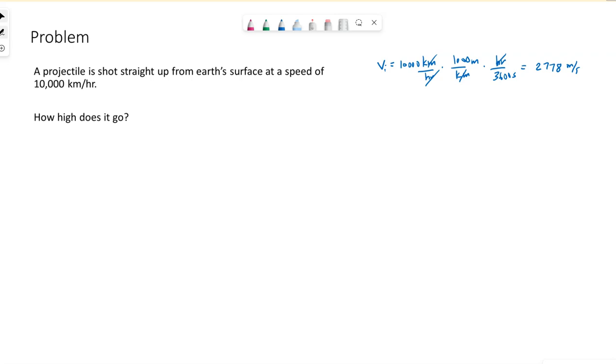All right, so I'm going to draw a rough little sketch. Here's the Earth. We have the projectile, it's launched. So it's going to travel out to some final location where, just like tossing a ball in the air here on Earth, I am going to assume that it's going to slow down and stop, turn around and come back.